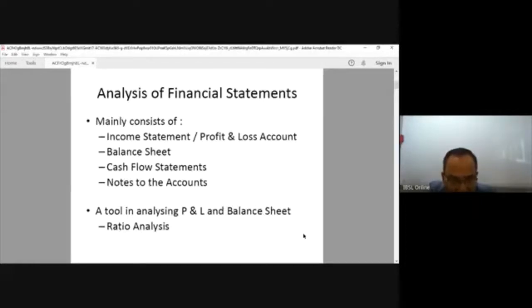Then the balance sheet. The balance sheet gives the assets, liabilities, and shareholding of a business at a particular date. Asset means, as at that particular date, what is the position of the business, how much assets it has, divided into current assets and long-term assets, then liabilities, current liabilities and long-term liabilities.